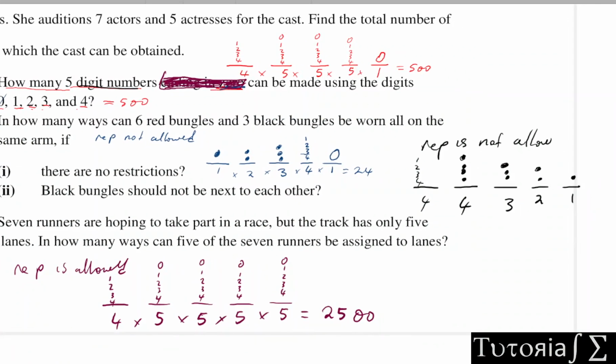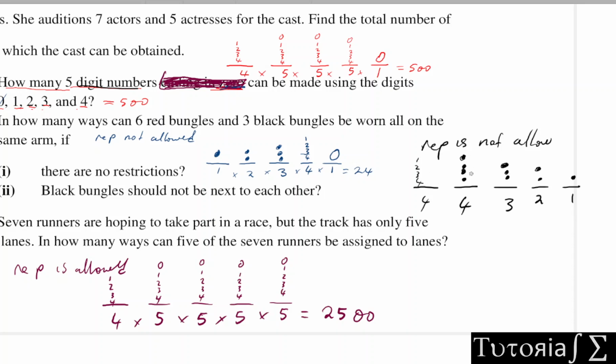For the first slot, we cannot begin with a 0, but for the second slot, we can have a 0. Considering that either of these numbers were put here, we would only have 4 possible numbers, any of the 4 possible combinations, considering that either of the 1 was left here.